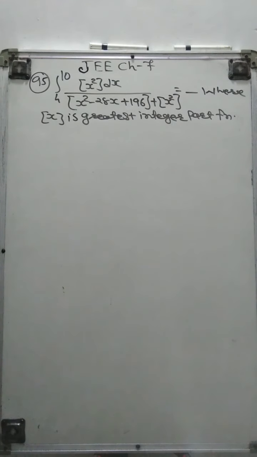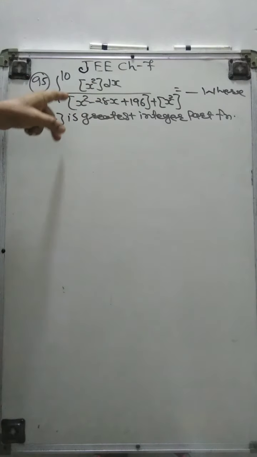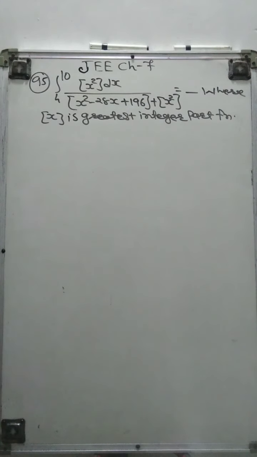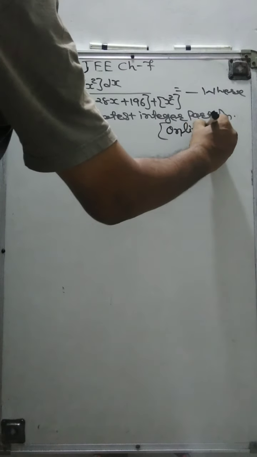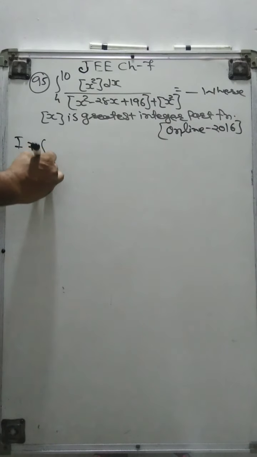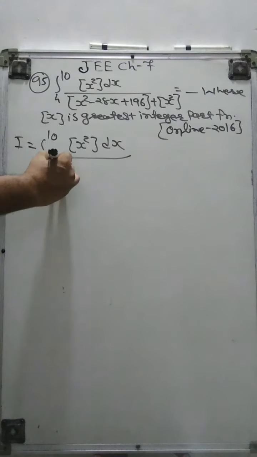Okay, 95th sum. Integration 4 to 10 box x square dx upon box x square minus 28x plus 196 plus box x square is equal to this, where box x is the greatest integer part function, and this is online 2016 JEE question. So here I equal to integration 4 to 10, here x square dx, and this is perfect square trinomial.